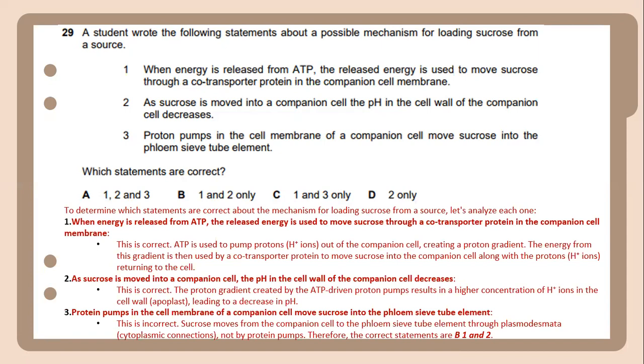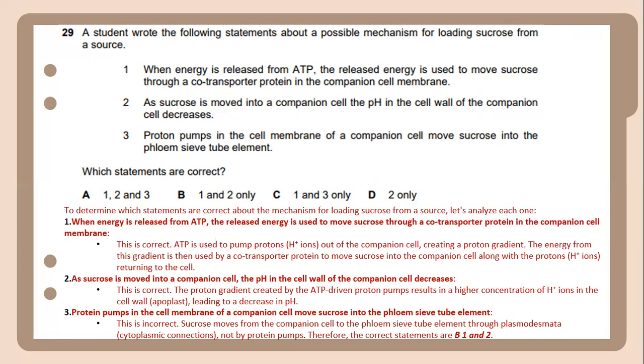This is correct because ATP is used to pump protons, H+ ions, out of the companion cells, creating a proton gradient, and the energy from the gradient is then used by the co-transporter protein to move sucrose into the companion cell along with the H+ ions returning to the cell.